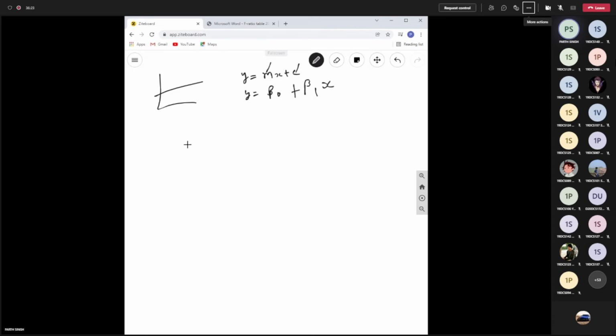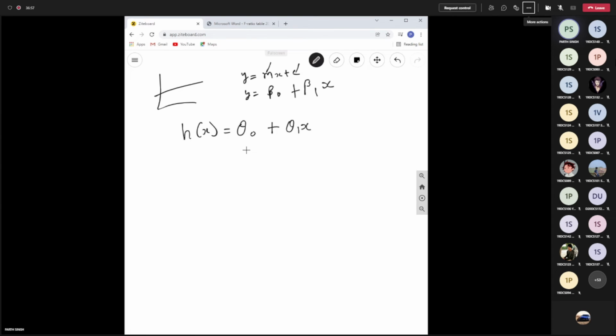Now, when we talk about the machine learning linear regression algorithm, we can write this same equation in this way also: h of x, that is, a function of x, equals theta 0 plus theta 1 x.